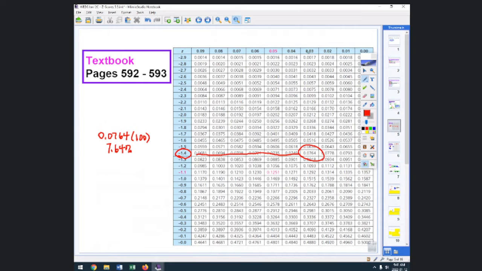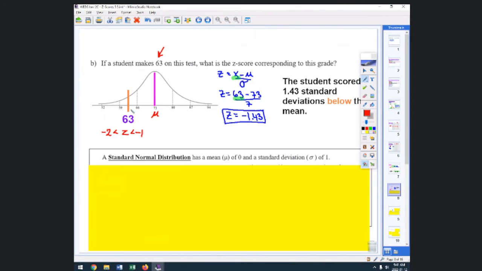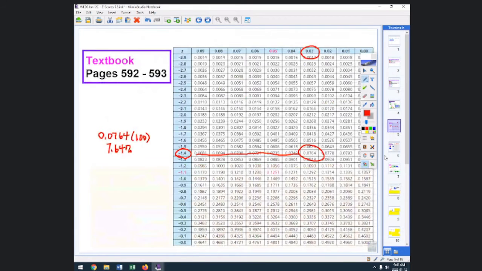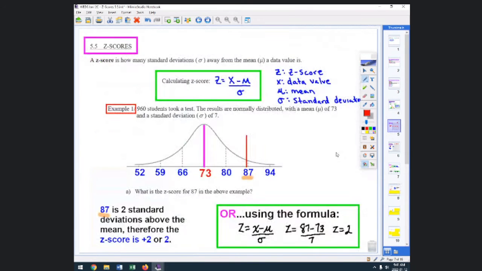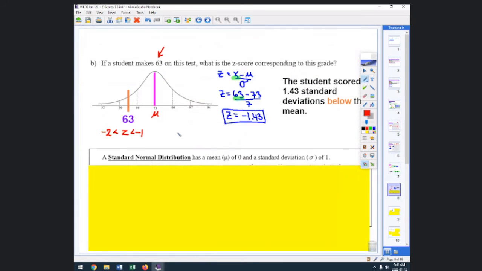So -1.43. If I come back over here, this person only did better than 7.64% of the people. So let's go back to what we learned the last few days. This is 0.15%.